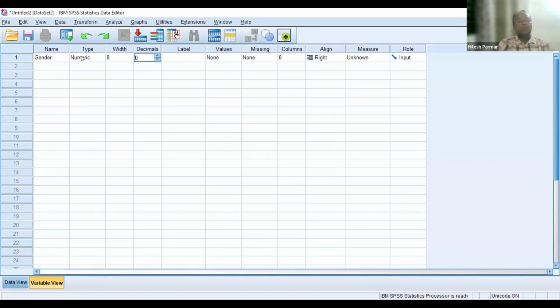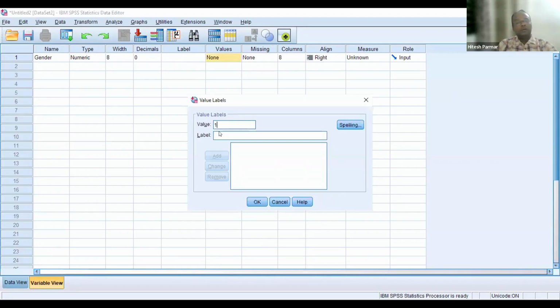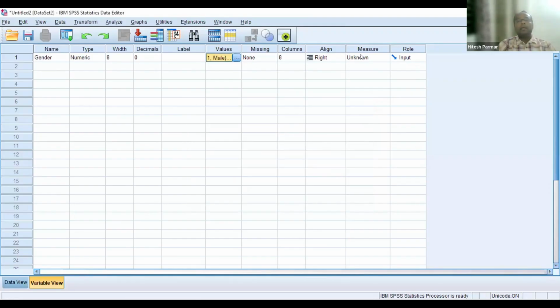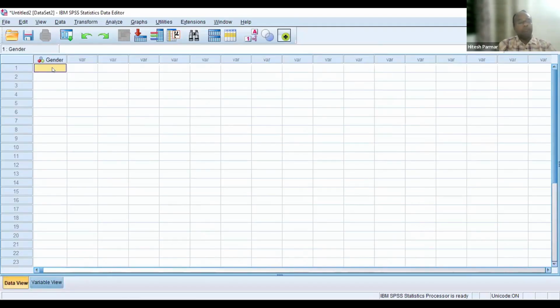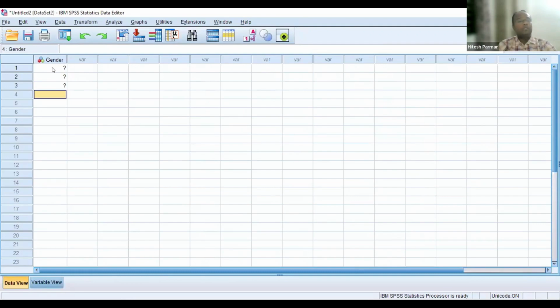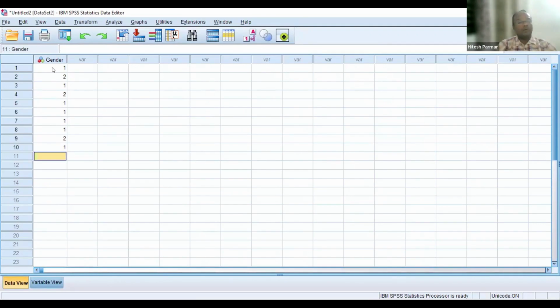Let us skip the type, it is numeric. We are just coding it, right? So value 1 is male and 2 is female, like this. And okay, and the measure is nominal. Now suppose I randomly put some observations like 1 2 1 2, say 10 observations.